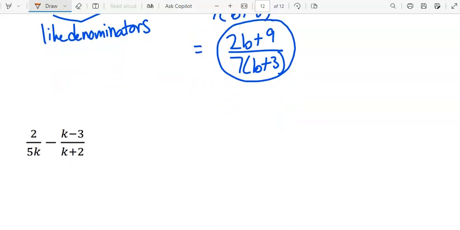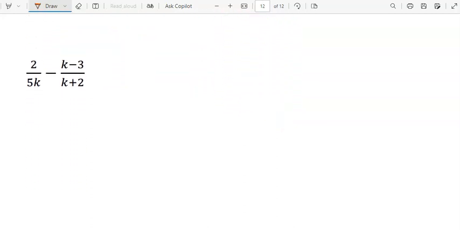But look at the next one. Those denominators are not the same. So we're going to multiply the first fraction by k plus 2 over k plus 2. And then the second fraction by 5k over 5k.